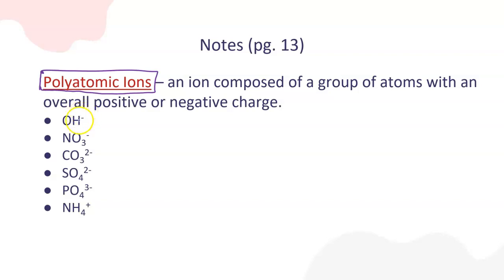So OH, with a -1 charge, is hydroxide. NO3, that is a subscript 3, so that's saying 1 nitrogen and 3 oxygen. That overall has a -1 charge. This is called nitrate.